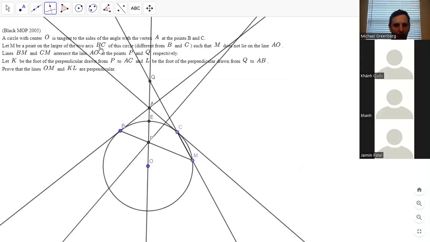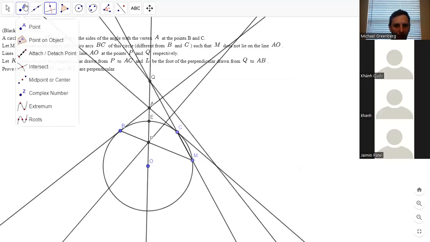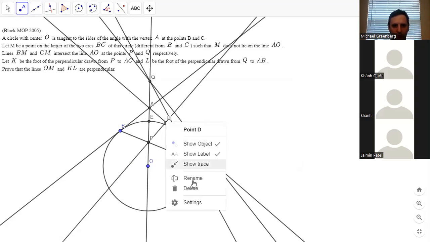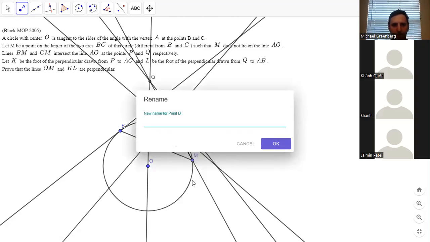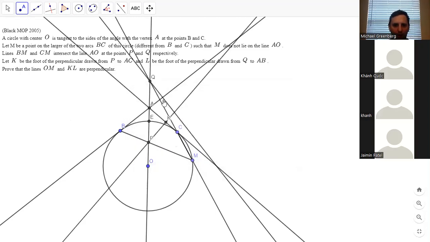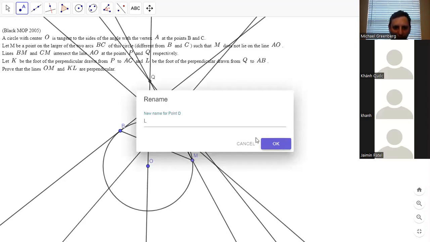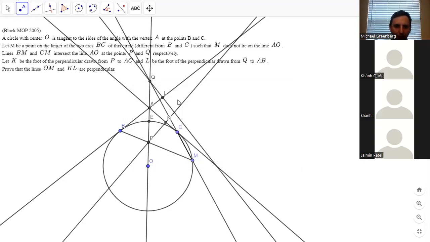And L is the perpendicular from Q to AB. So this is K. This is L. We want to show OM and KL are perpendicular. That's kind of interesting. Maybe it's just orthocenters even.